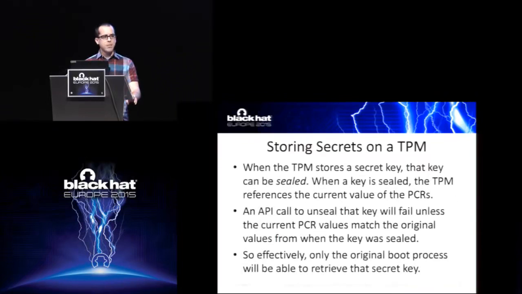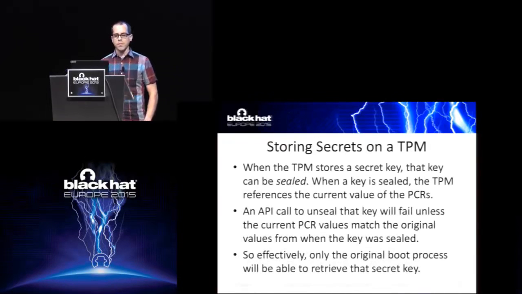So when the TPM is told to store a secret, in this case our disk encryption key, you have the option of sealing it. And when you do that, you specify some of the PCRs to use as parameters to that sealing operation. And after a key is sealed by the TPM, it's only going to unseal that key if the same PCR values exist as when it was originally sealed.